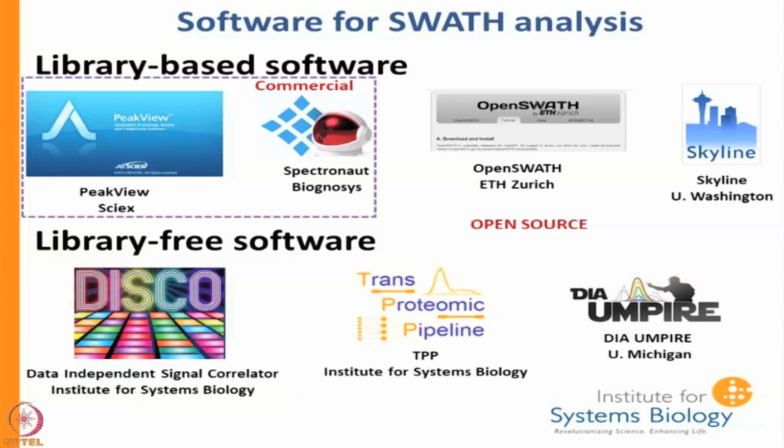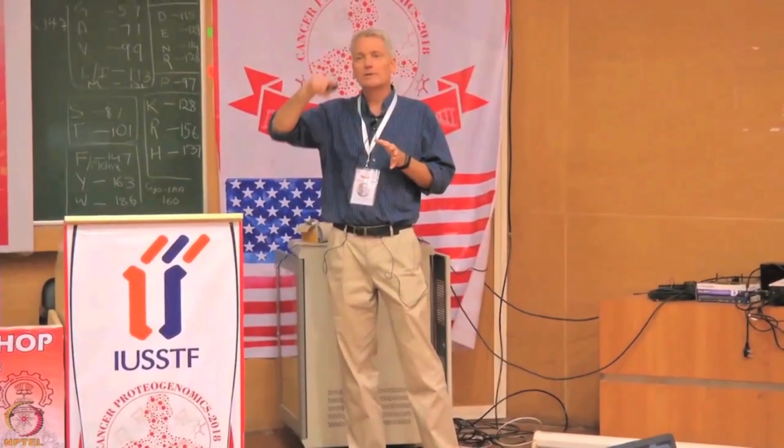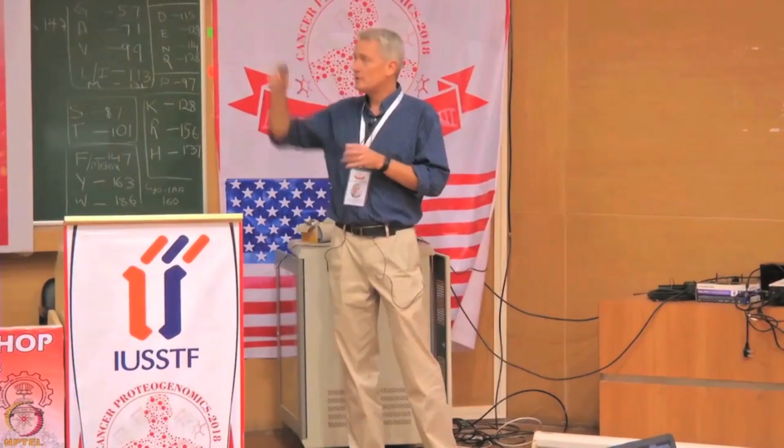There's also another way, a library-free method, and this one is from ISB. It's in the Trans-Proteomic Pipeline. It's called DISCO, the Data Independent Signal Correlator. Basically, at any given time, it looks at the fragmentation pattern, and it looks for signals that are rising and falling in concert, in unison.